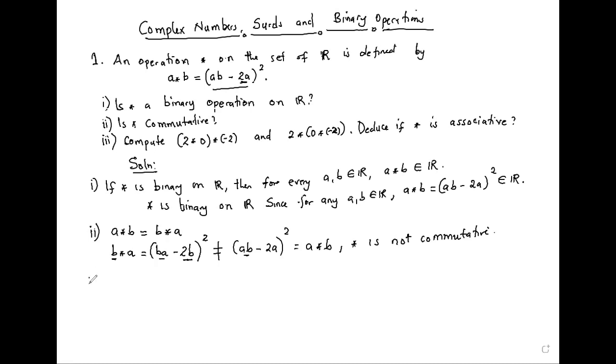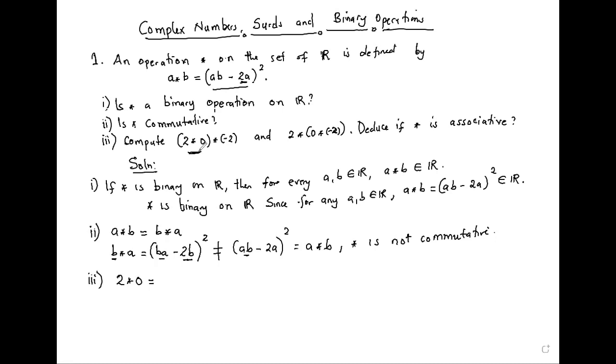The third one, compute 2 star 0 star negative 2. So we start with 2 star 0 first. Do you know the brackets?